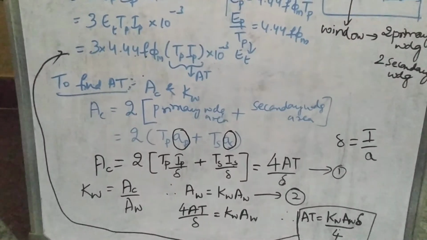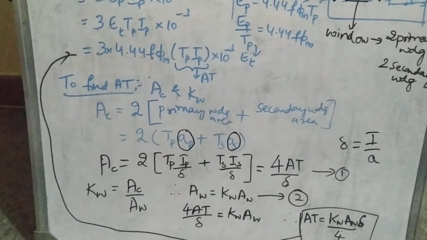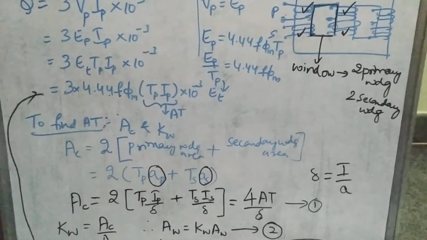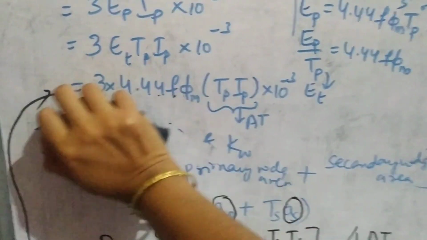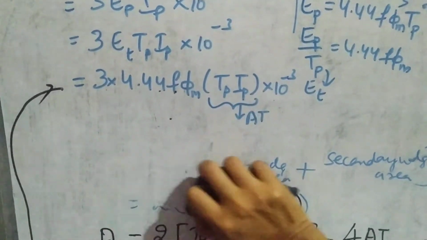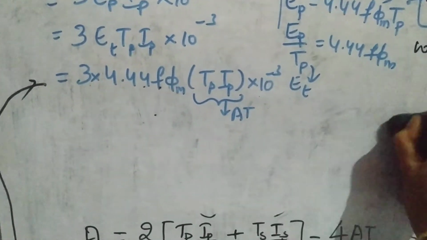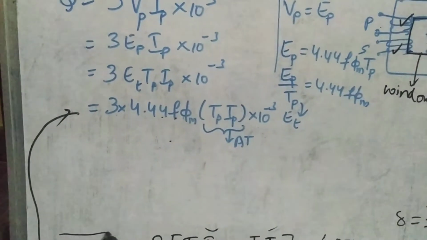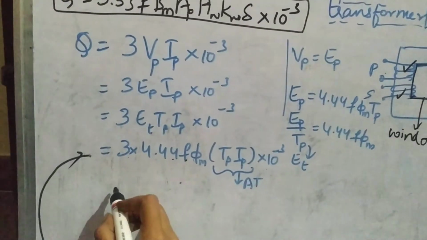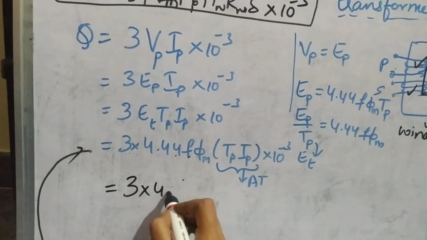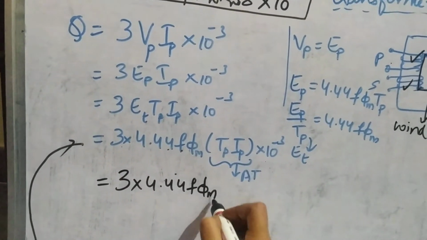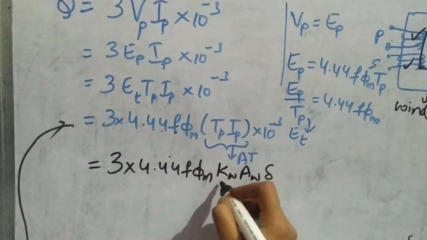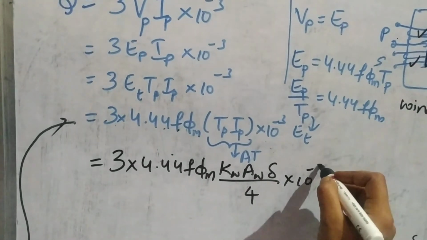Now let us substitute this equation and see how it gets modified. When you substitute here, you will get 3 into 4.44 F into psi m, and for ampere turns you have kW AW into delta divided by 4 into 10 power of minus 3.